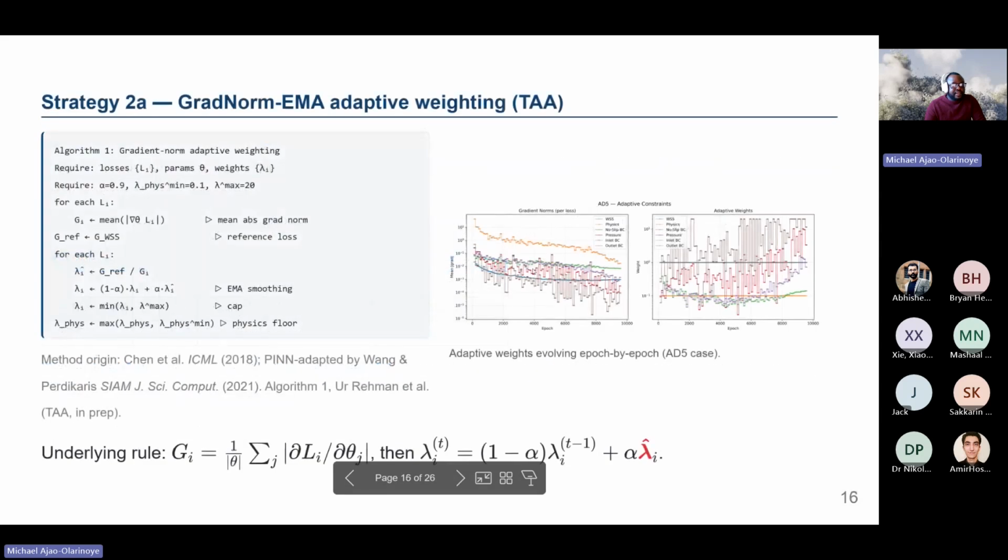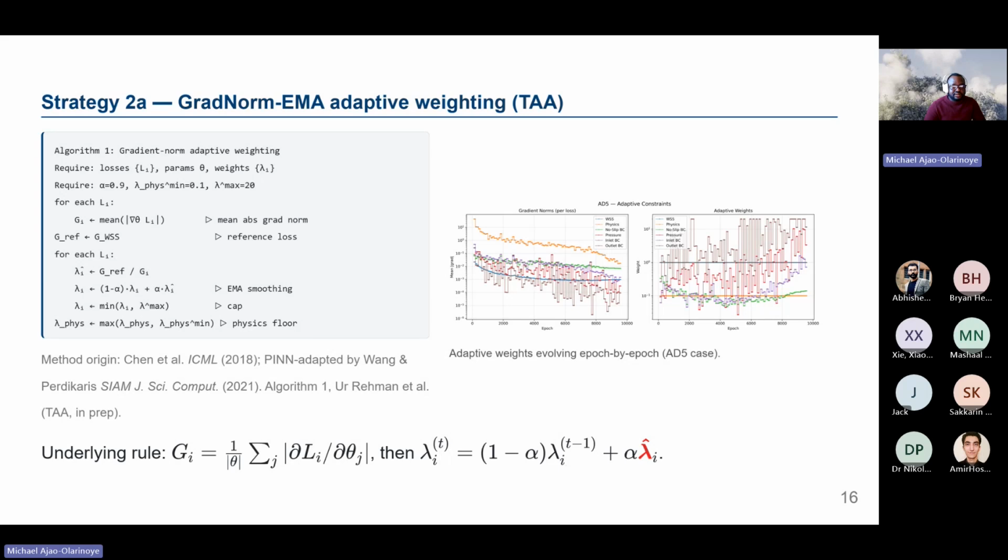Now the next one is the gradient norm EMA adaptive weighing scheme. Like I said, the algorithm for this requires your losses for the data, the wall shear stress, the boundary condition, and whatever losses you've modeled in your equations, and also the parameters and weights from the neural network.